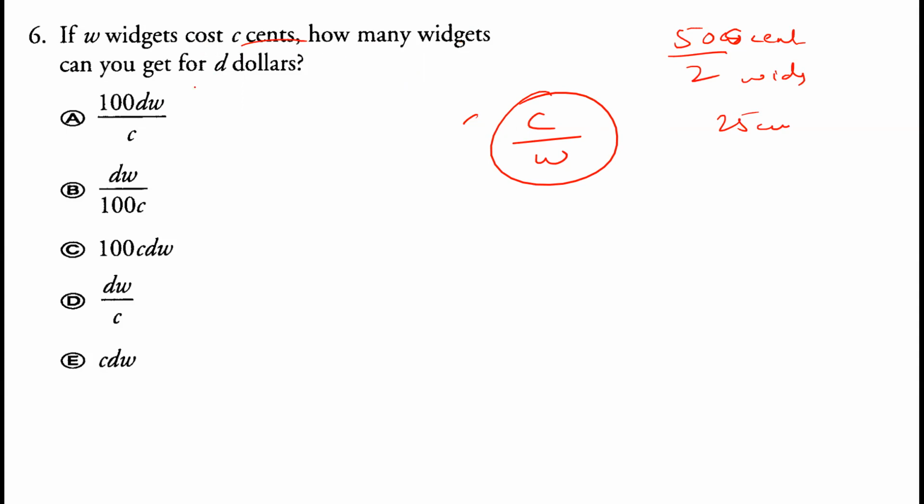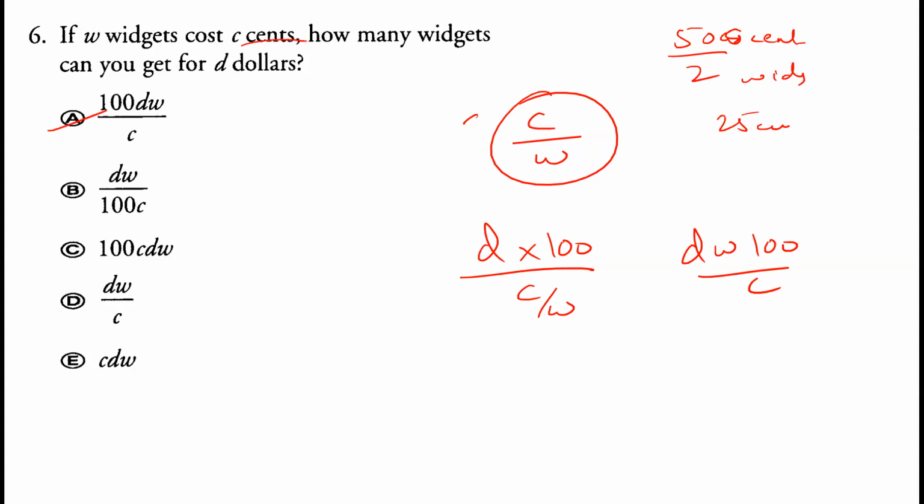Now, how many widgets can you get for D dollars? D into 100 equals the total number of cents in D dollars, and each widget is C over W. So how many widgets can we buy? DW into 100 divided by C. So option A is correct.